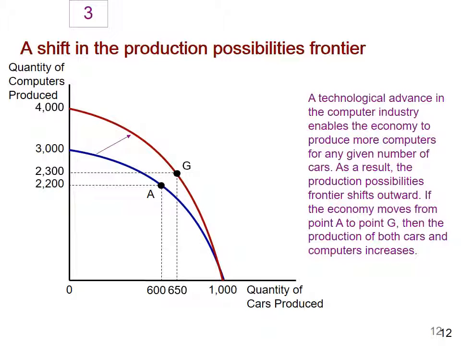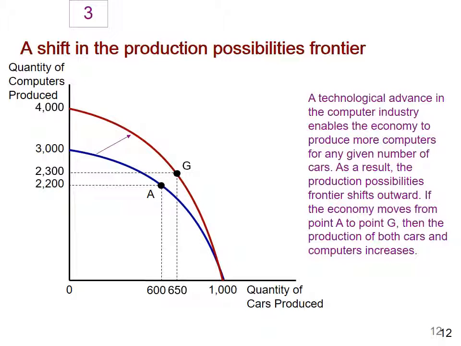Now look at point G. Before this technological progress, point G was not feasible. It was beyond the old PPF. With advances in technology, a point like G now becomes feasible. At point G, the economy is getting more of both computers and cars.